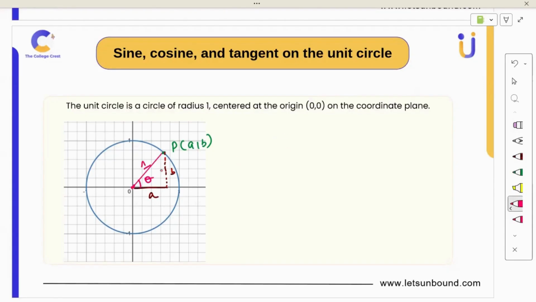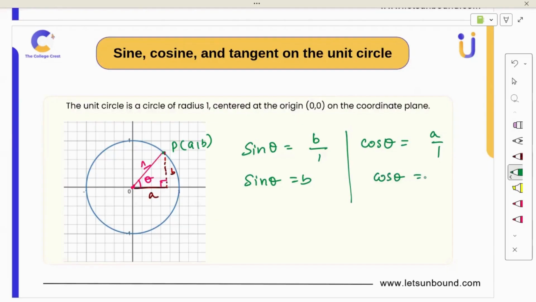So now I have a right triangle, hypotenuse 1. The other sides are A and B. Now let me find sine theta as a ratio. Sine theta is opposite by hypotenuse. B by 1. Sine theta is B. Then cos theta is adjacent by hypotenuse, A by 1. So cos theta is A.